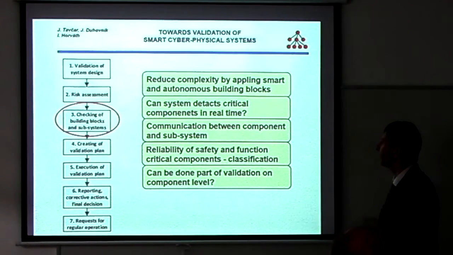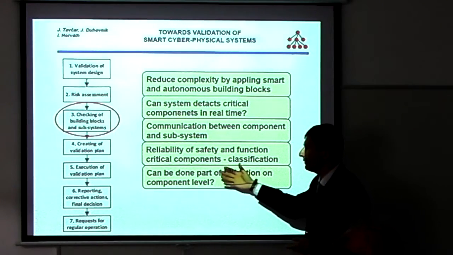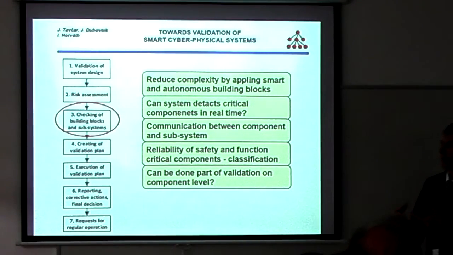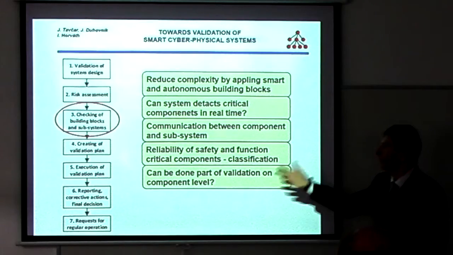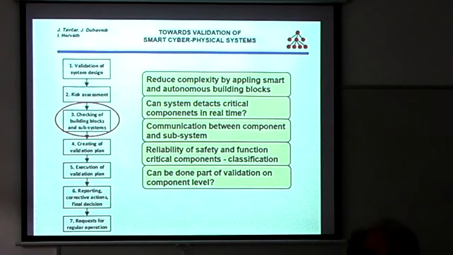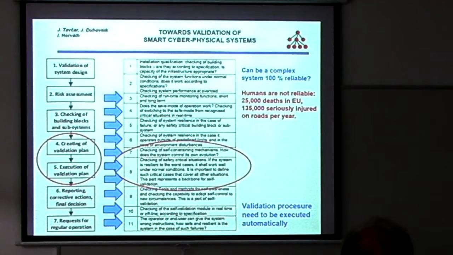We need to classify the components and subsystems according to priority, so that we focus on the right ones. And if we can do something at the subsystem level, at the component level, we should do this validation separately, so that we reduce the complexity of the whole validation system.